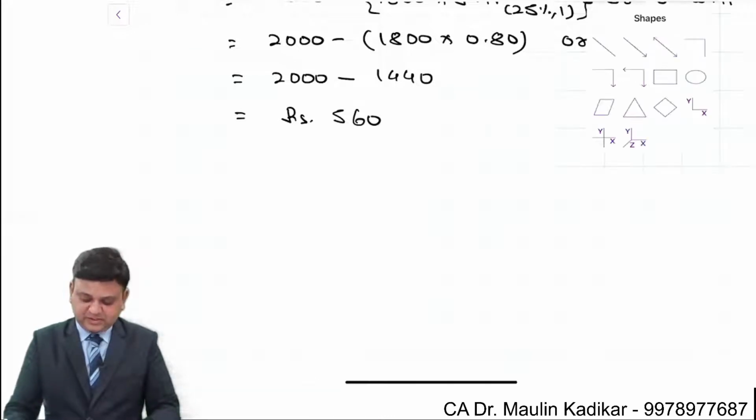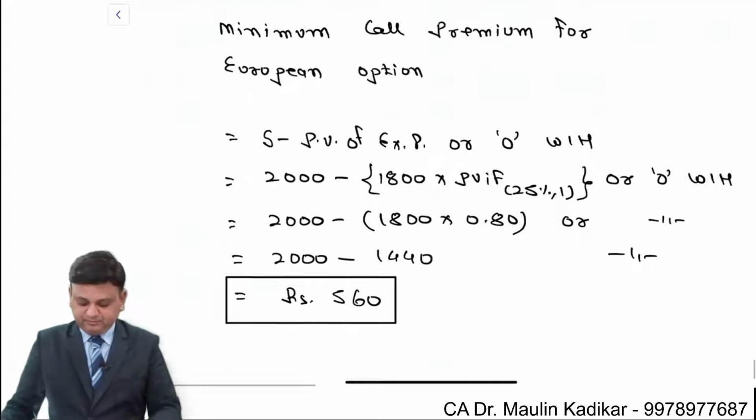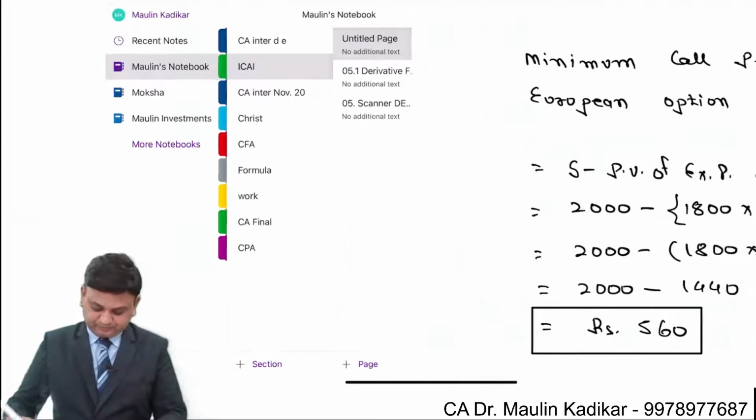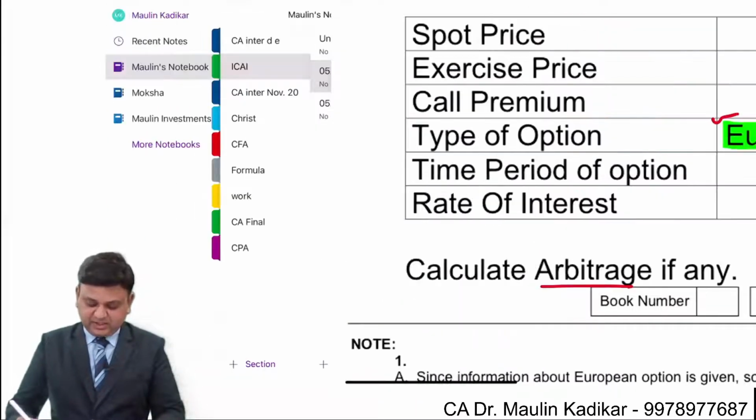That comes to 560. So 560 is the minimum call premium which is supposed to be charged. What is actual premium? Actual premium is 300.